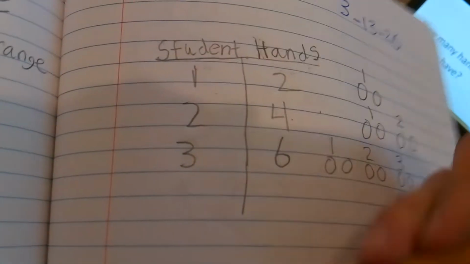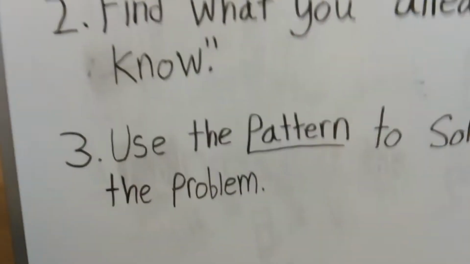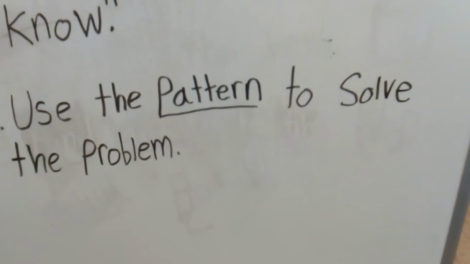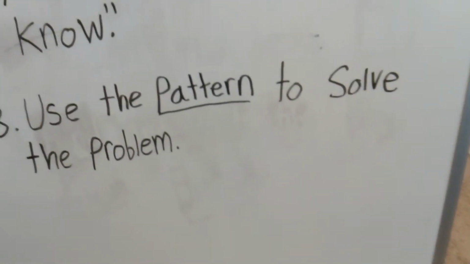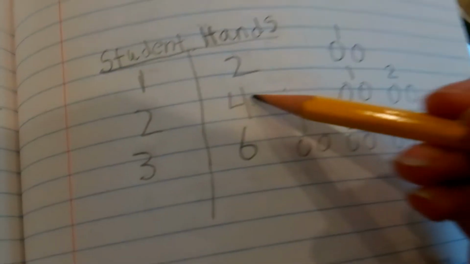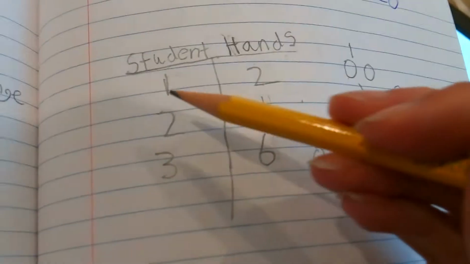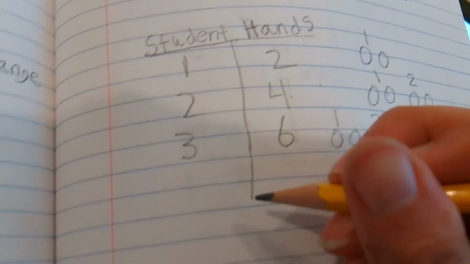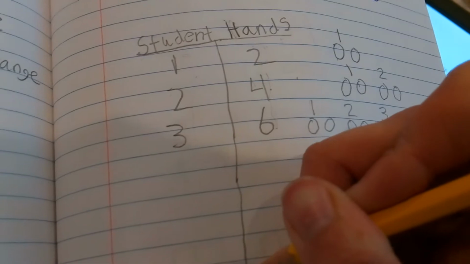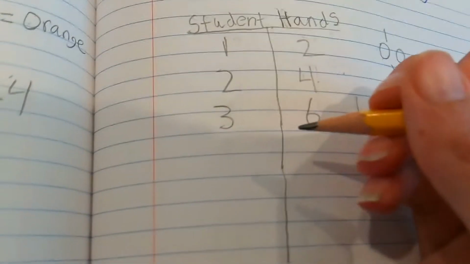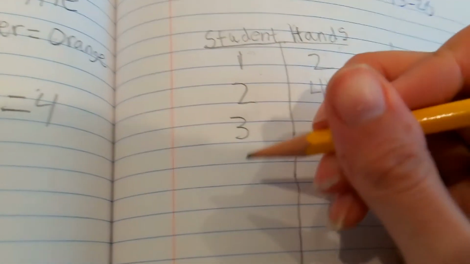So we definitely are starting to see a pattern, which is going to lead us to step number 3, which is use the pattern to solve the problem. If I know I'm counting by 2s, because we're seeing this is going up by 2s, and this is going up by 1s, I can easily figure out how many hands 9 students have.